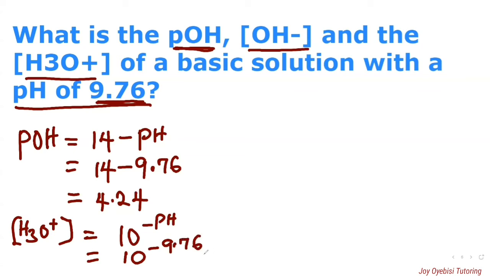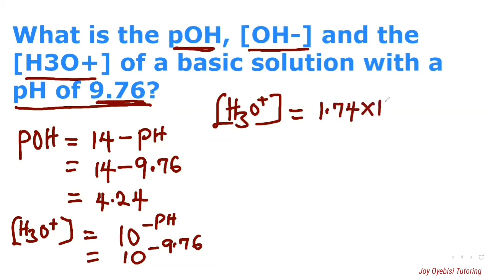If we do this calculation, my hydronium ion concentration is going to be equal to 1.74 times 10 raised to power negative 10. Okay, and of course, this is concentration. You put your unit, molar.